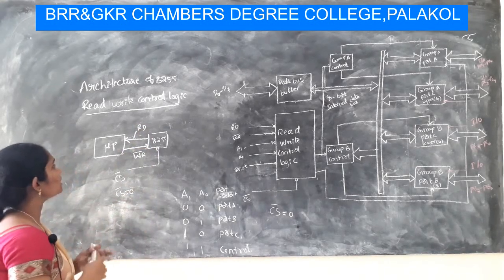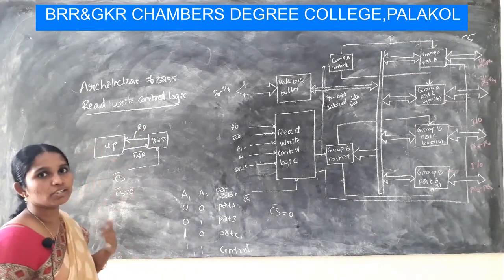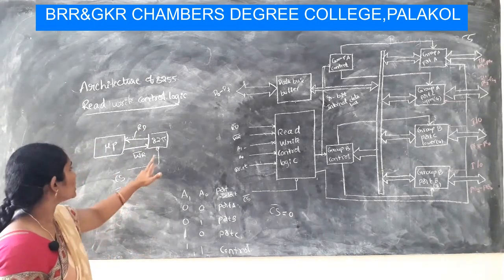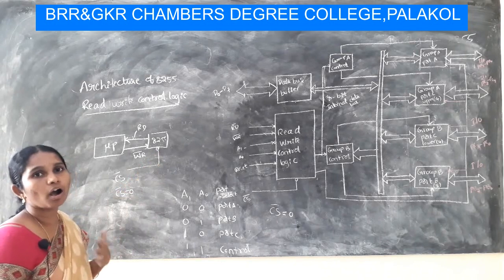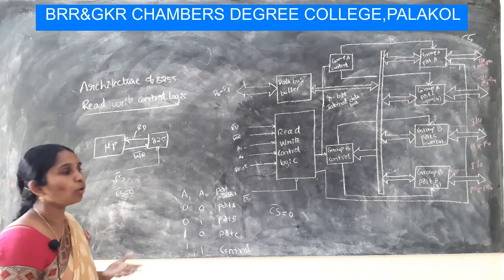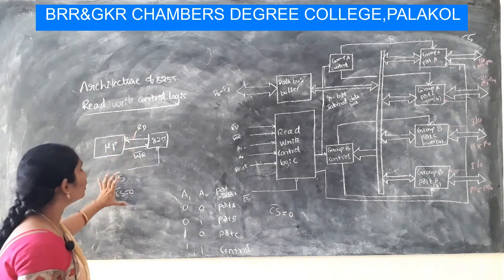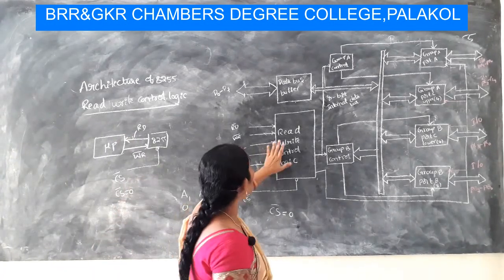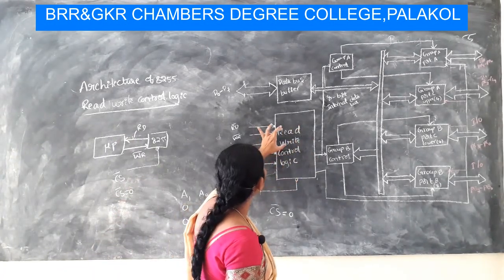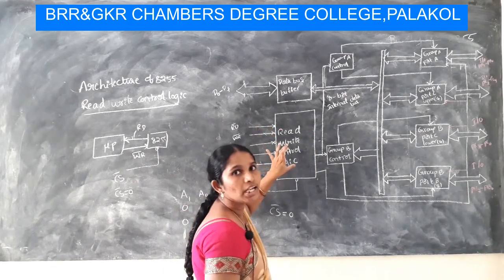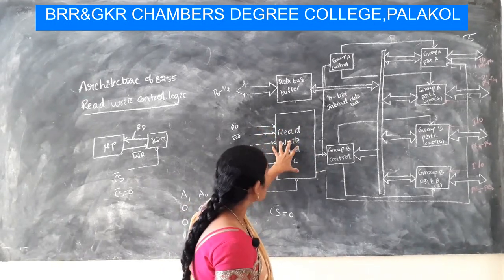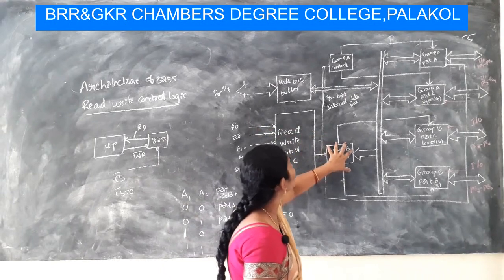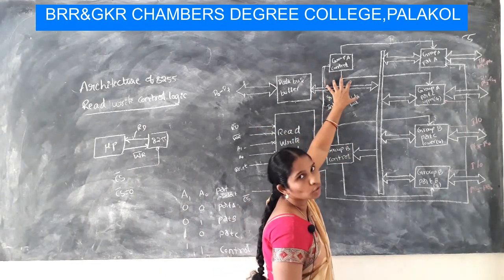That means the microprocessor always checks whether CS bar is 0 or not, and whenever it is 0, only then does it perform the operation. And next, this read write control logic will send commands to the group A and group B control.